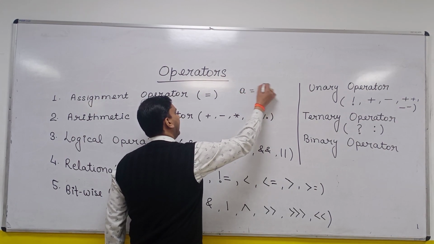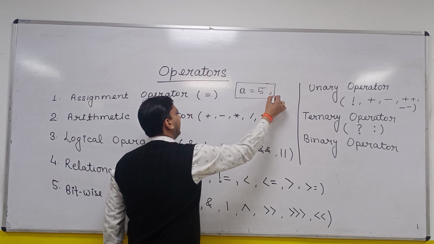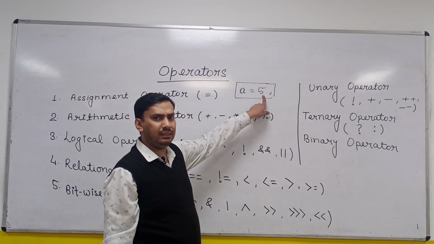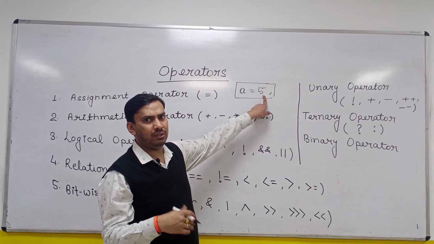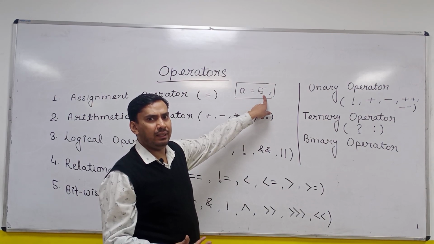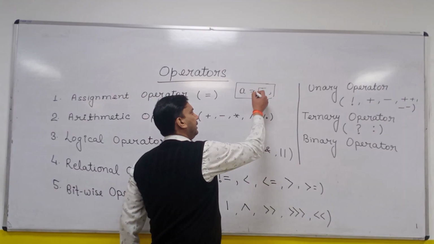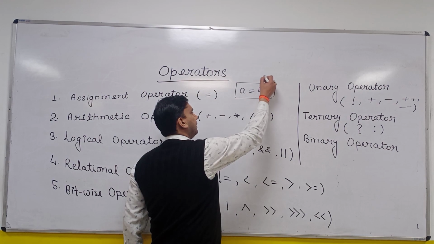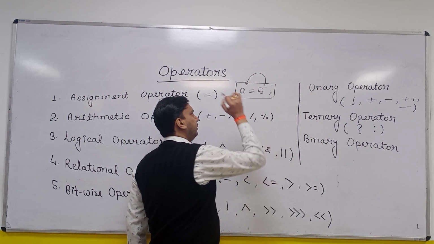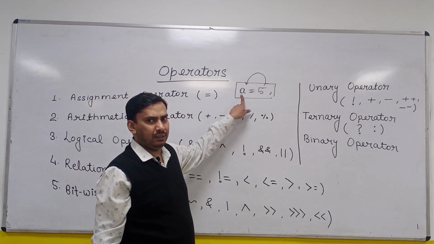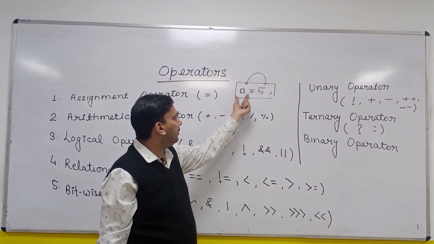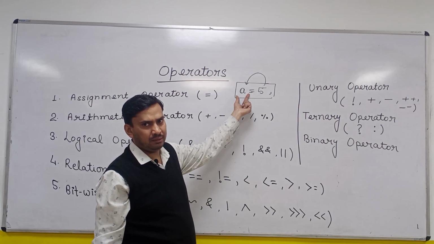The right side is the value, it may be some variable or some literal value. This assignment says that this right side value is going to be assigned to the left side operand. The left side will always be a variable.